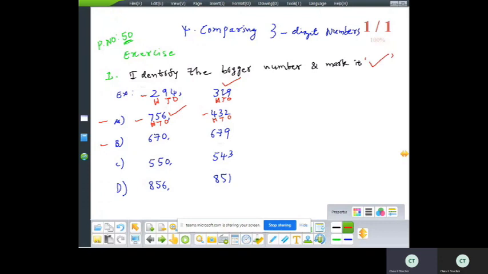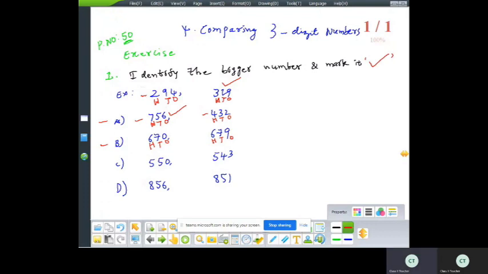Next B. The given two numbers are 670 and 679. These two numbers are nearly similar. Again, we look at the place values: ones, tens, hundreds. The digit in the hundreds place is 6 and 6, both the same.